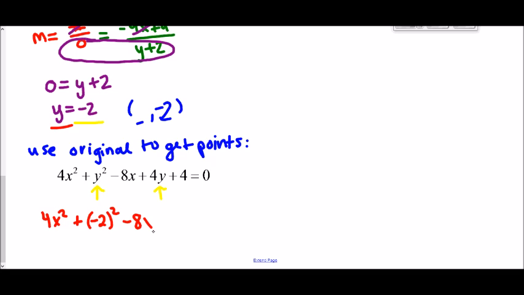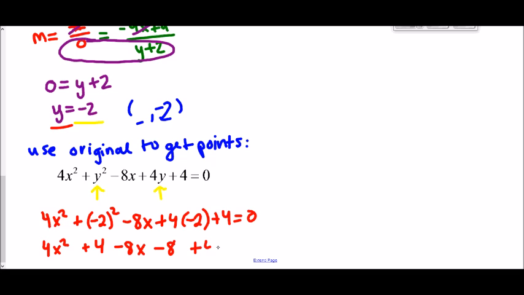We leave the x plus 4 times negative 2 plus 4 equals 0. So we have 4x squared minus 4, well, plus 4, because negative 2 squared is positive 4, minus 8x minus 8 plus 4 equals 0.